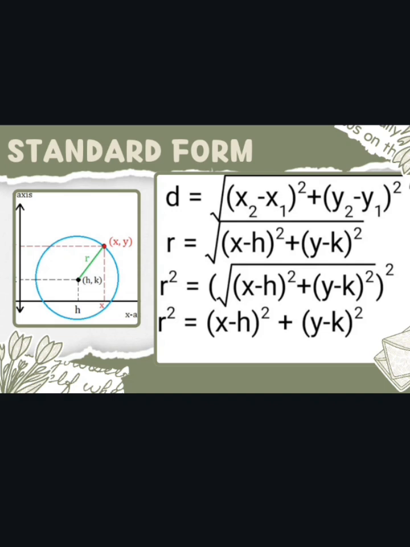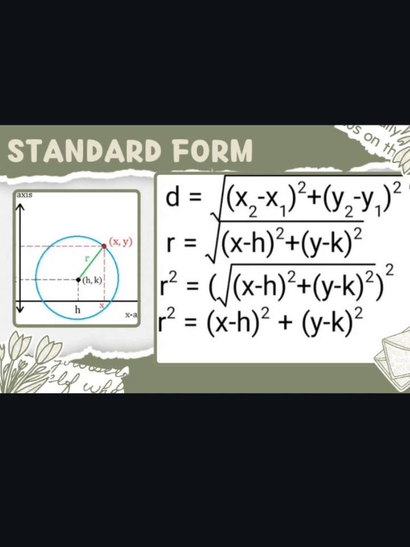Kung sa circle na siya, matawag na nato siya nga radius. So, mao na ang atong gibutang diha, r is equal to the square root of quantity, unya atong i-substitute. Ang atong x sub 2 mao ang x, since center man na, from center to any point of the circle. So, ang x sub 2 is x, then ang atong x sub 1 is ang h. Dayon, squared plus atong y sub 2 is y minus ang atong y sub 1 is ang k, then squared.